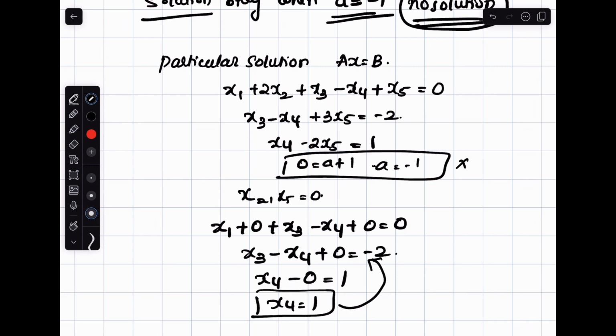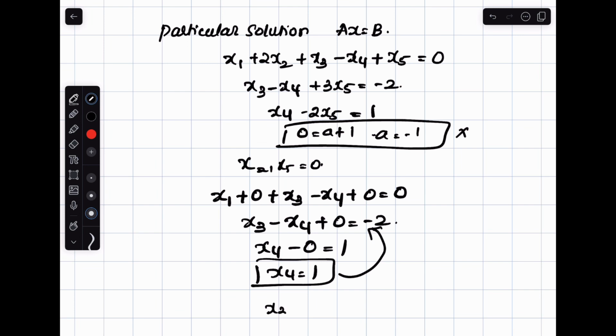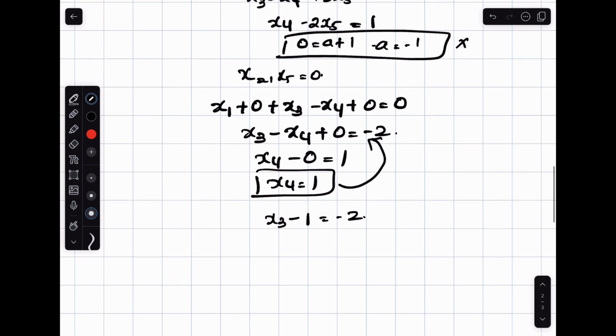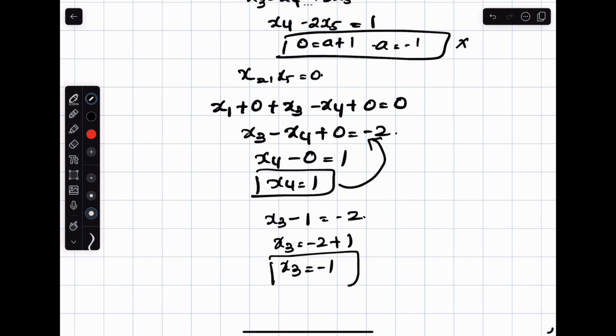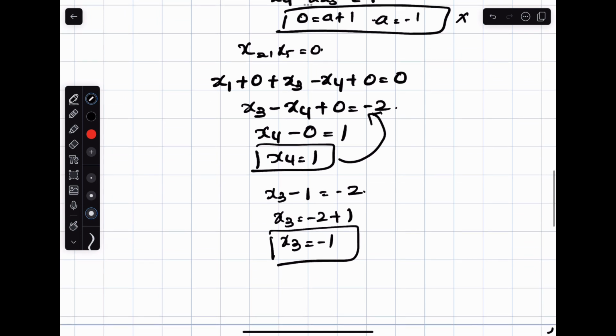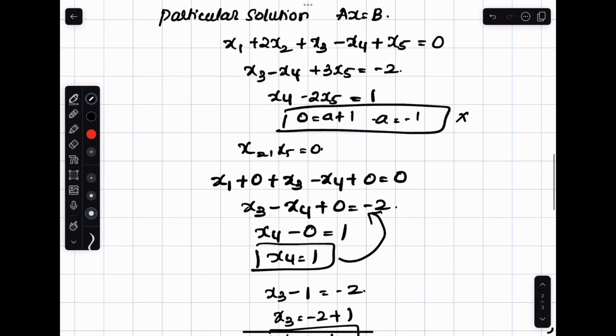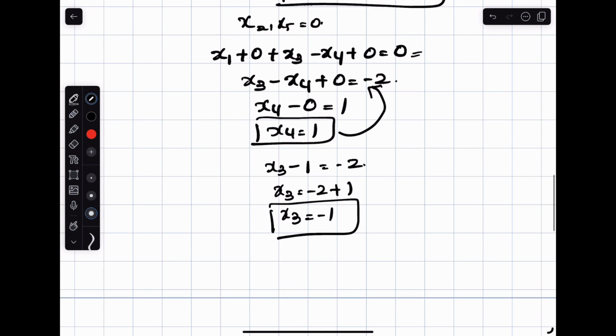Now I will apply x4 to the second equation, that is x3 minus 1 is equal to minus 2. So let us solve this. So x3 is equal to minus 1. Now we got x3 and x4, applied to the first equation. So what you will get?